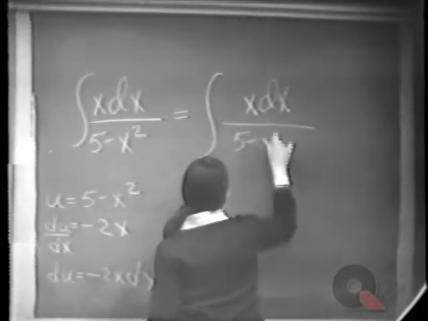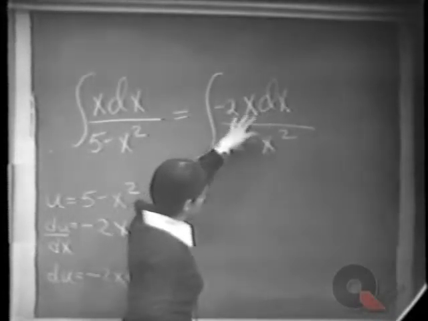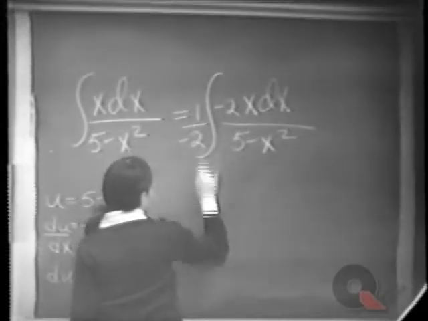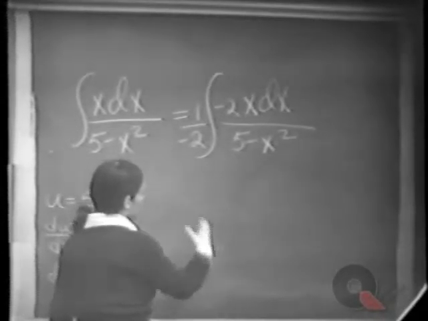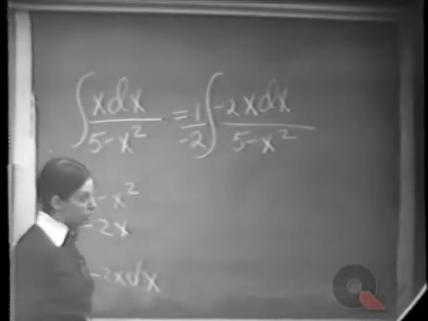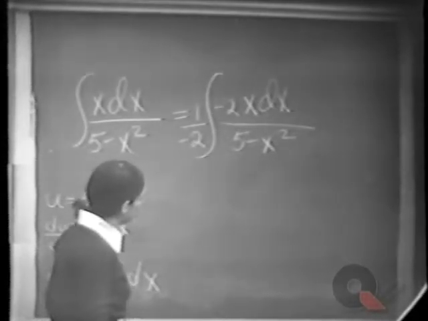We can multiply by minus 2 on the inside of the integral and multiply by minus 1/2 on the outside of the integral sign. Now, the net result is that we're multiplying by 1. Minus 1/2 times minus 2 is equal to 1. And certainly we can always multiply by 1 and not change the value of the original expression.